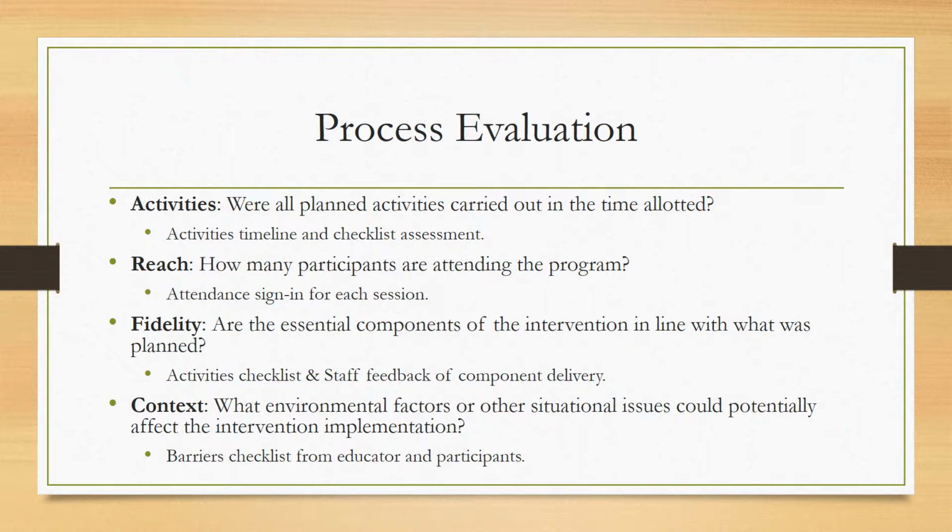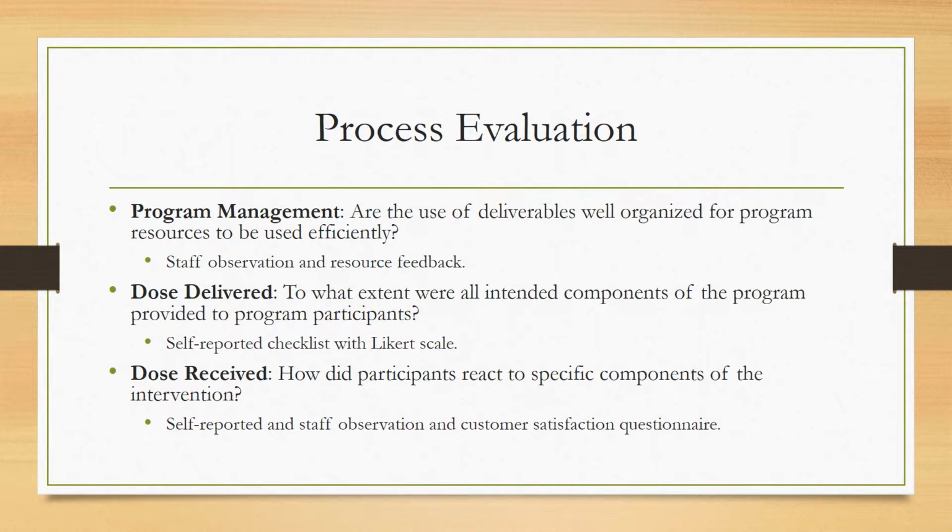During process evaluation, a formative evaluation should be conducted to collect rapid feedback of the quality of implementation, activities, and resources for design modification purposes. While my evaluation emphasizes the outcome evaluation, I did want to briefly touch on parts of the process evaluation. It will consist of activities, reach, implementation fidelity, context, program management, dose delivered, and dose received.